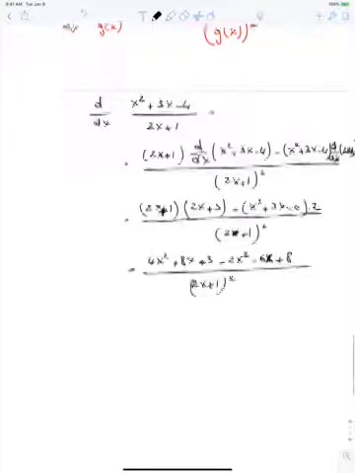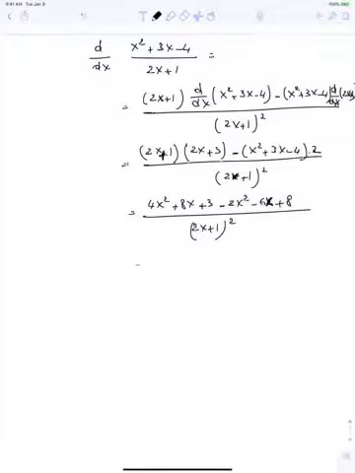I'm going to wait to expand the denominator just in case I can simplify with the numerator after we do the algebra. So this is 2x squared plus 2x plus 11 divided by 2x plus 1 squared.